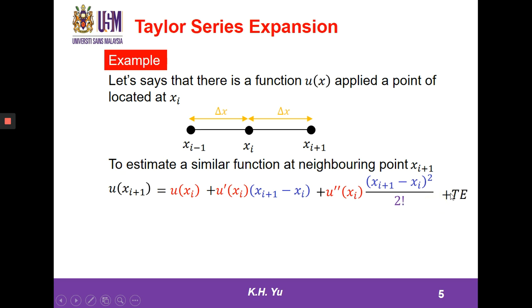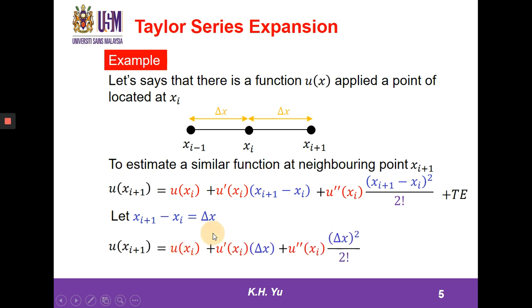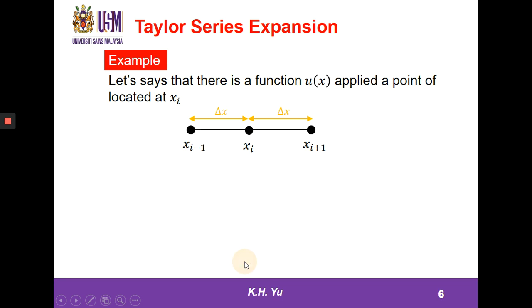The remaining terms we treat as the TE. So we can further simplify it using xi plus 1 minus xi to become delta x. So here we simplify the terms, and xi plus 1 minus xi will become delta x. So this one is your expression for the function u at xi plus 1.